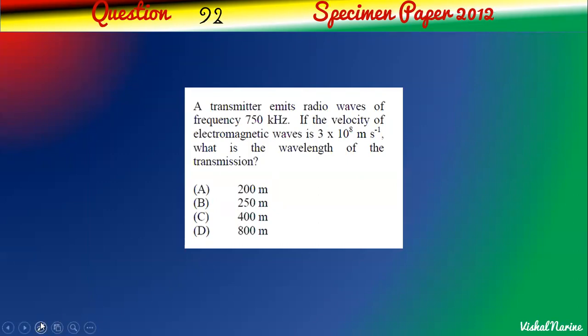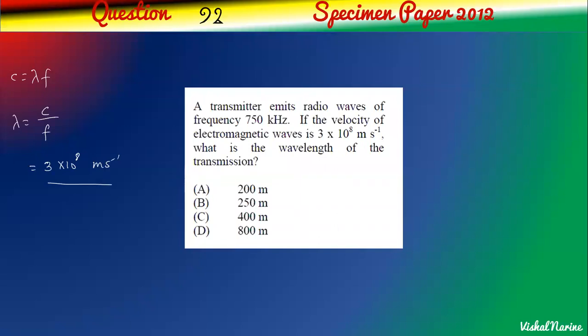So 92, I'm going to again work with the question. So we know that wave speed is equal to wavelength times frequency. The question is asking us for the wavelength. So wavelength is equal to speed over frequency, which is equal to, again, I'm dropping the units just for the sake of calculation, 3 times 10 to the 8 meters per second, divided by the frequency.